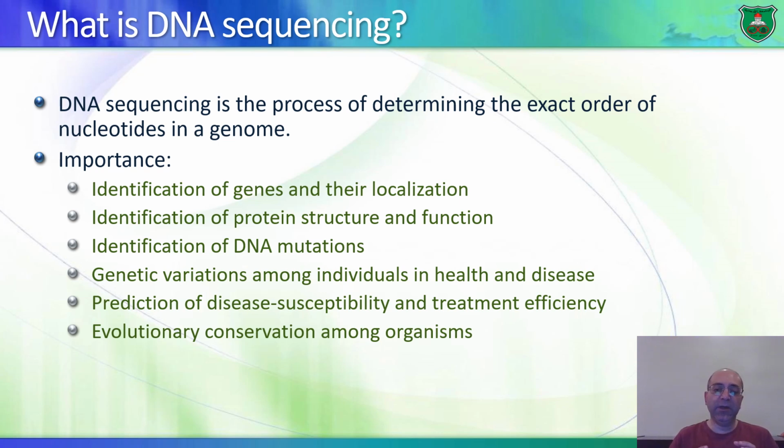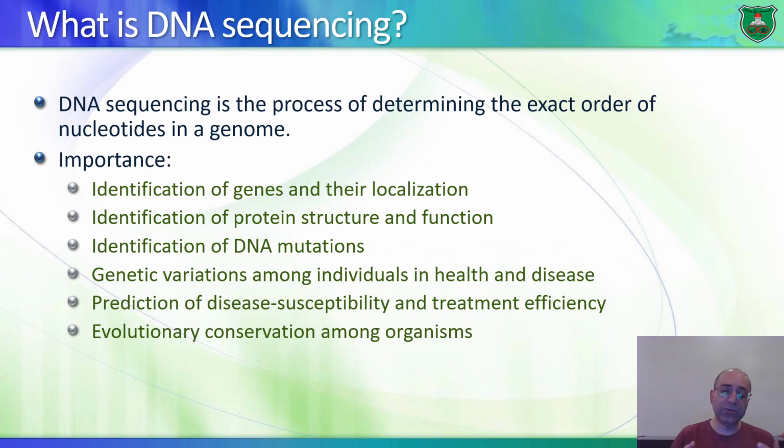Okay, you have this nucleotide right here in this gene, and that makes you a slow metabolizer for this medication or that medication, and so on. So we will be able to help an individual by letting him know to take care of himself or herself.